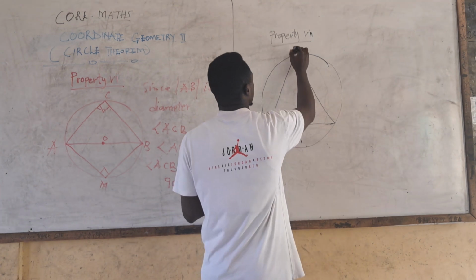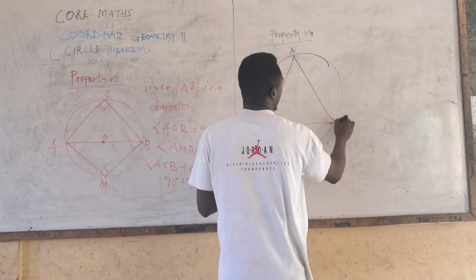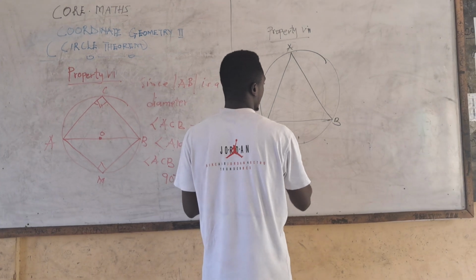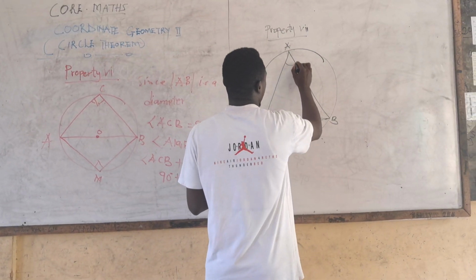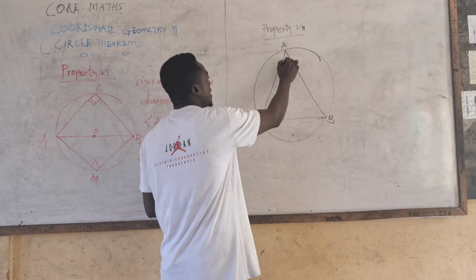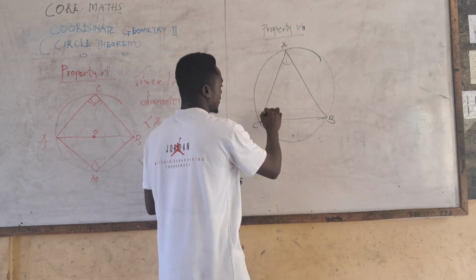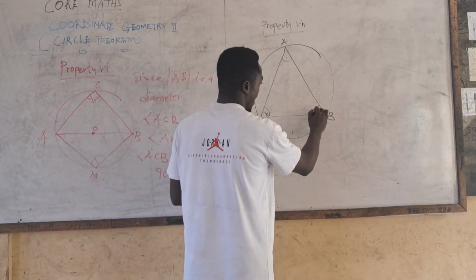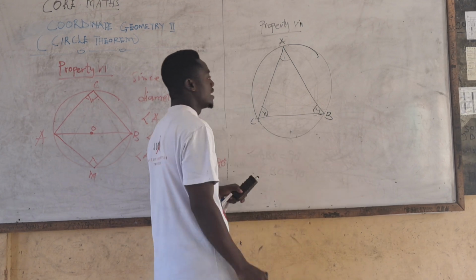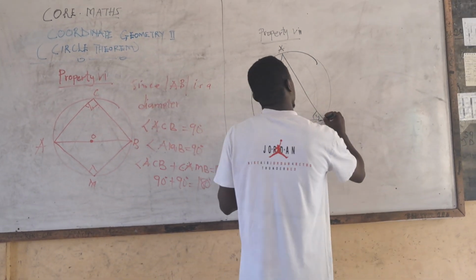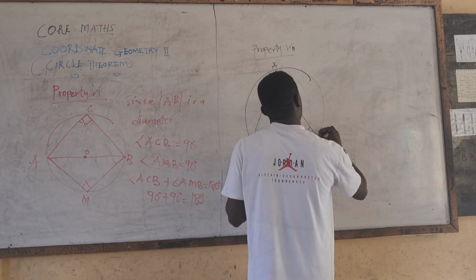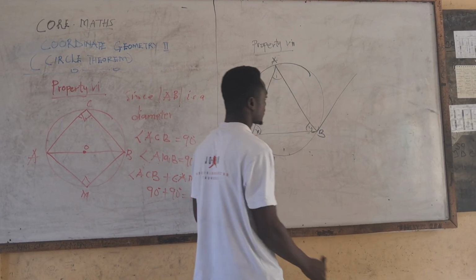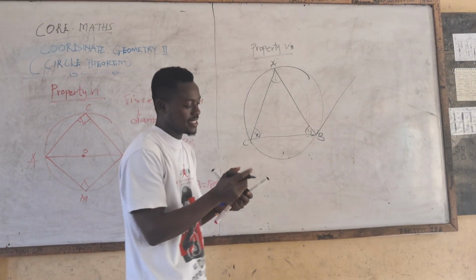Let's label it A, B, C, and let's name the angles: angle I, angle X, let's say Y. Then there's a tangent line.